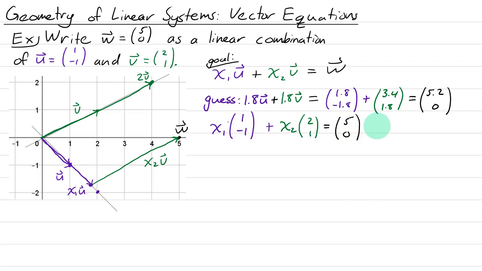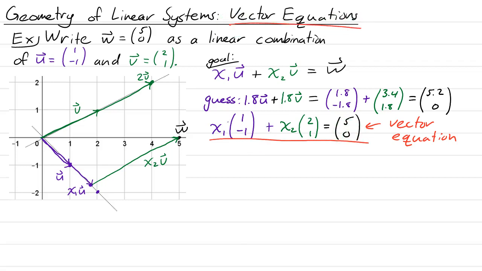So this is what we call a vector equation. An important thing to know is that whenever we have an equation that has a vector on one side, usually written as a linear combination of some vectors, and then a vector on the other side, that's what we mean by a vector equation.